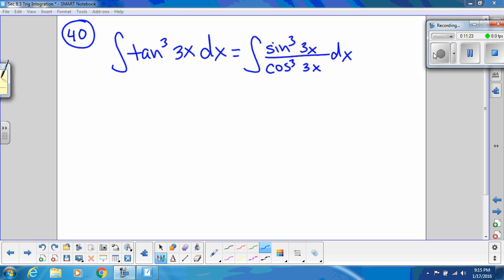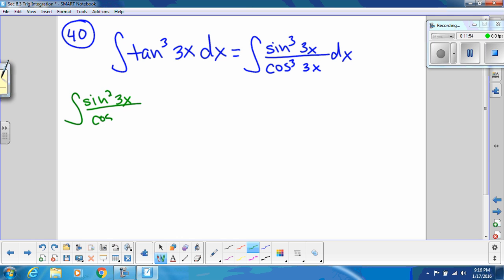All right, so what we're going to do is use our sine and cosine rules, and since sine is the only one that's positive, remember it did say that the powers have to be positive, the cosine is negative since it's in the denominator. So we're going to use the odd power rule for the sine. I'm going to hold out a sine, which leaves me with a sine squared in the numerator.